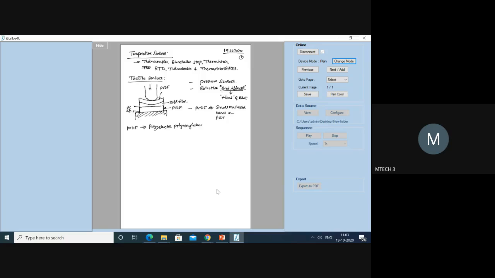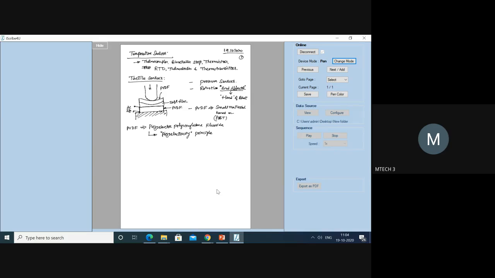PVDF is piezoelectric polyvinylidene fluoride. This is basically a concept of PZT, which means it works on the principle of piezoelectricity. What is the piezoelectricity principle? This tactile sensor works on the piezoelectricity principle.